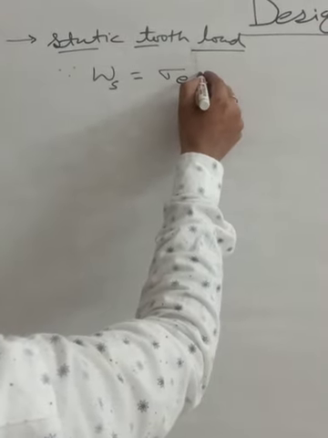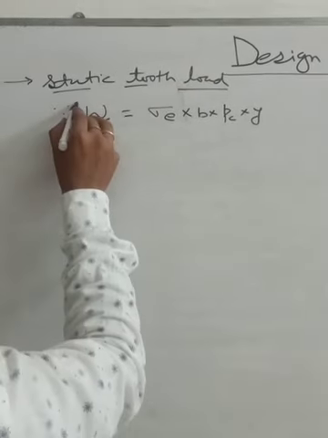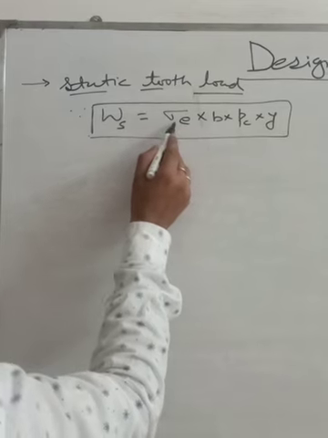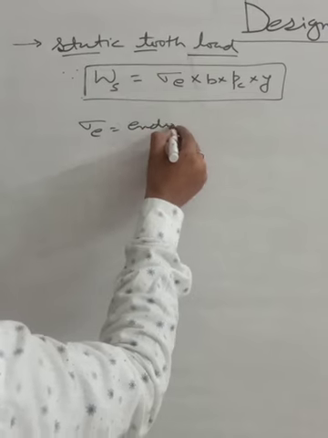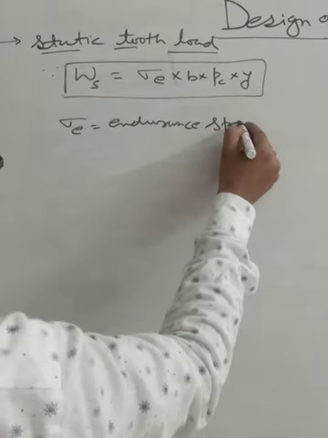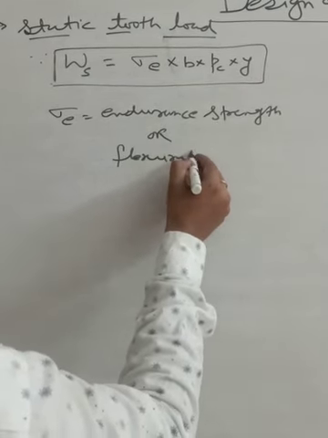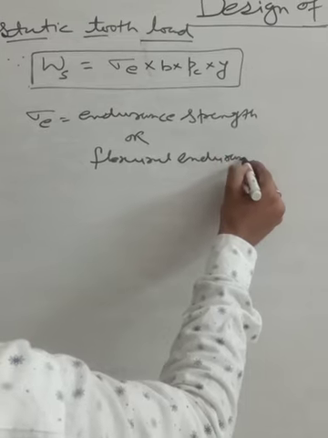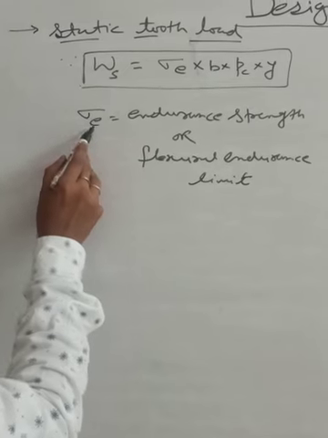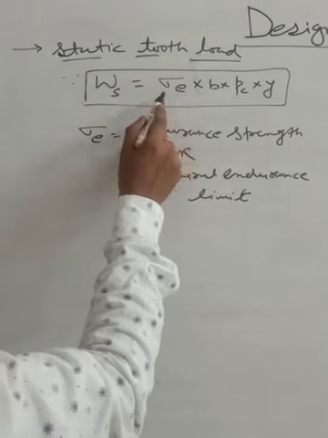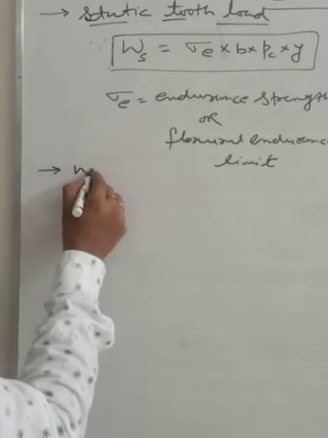If you are using this, then the equation is this: sigma E into b into Pc into Y. The working stress is replaced by sigma E, which is your endurance strength or flexural endurance limit. This can be calculated from the design data book, and by putting the value in this we can calculate the static tooth loads. Next is your wear tooth load.